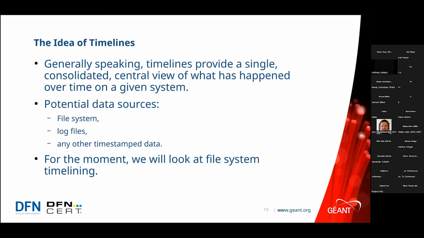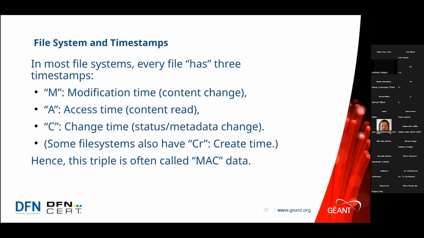That's complex enough. And let's recall that in most file systems, we have 3 types of timestamps for every file or directory. The mtime, modification time, which is when the content was changed, and the access time, atime, which is when the content was read, and the ctime, the change time, which is when the file status or file metadata changed.